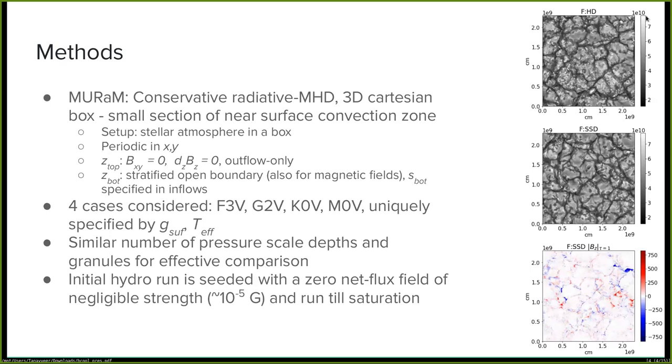Here we consider four stellar cases: an F3 star, a G2 star, a K0 star, and an M0 star. These are uniquely specified by the surface gravity and the effective temperature. They span a surface gravity of 2000 centimeters per second squared for the F star to 6700 centimeters per second squared for the M star, and an effective temperature of 6800 Kelvin to about 3800 Kelvin.